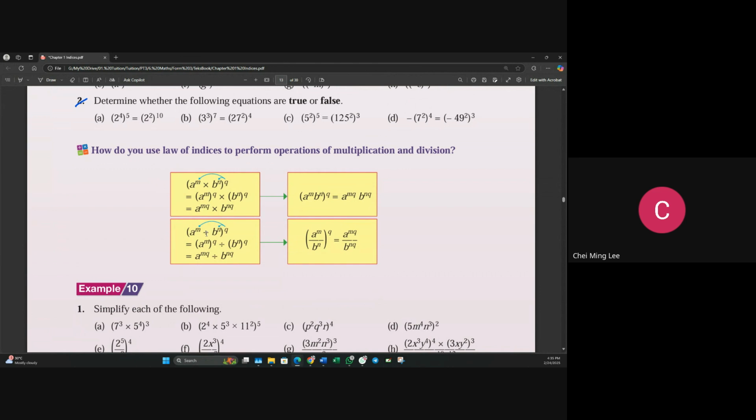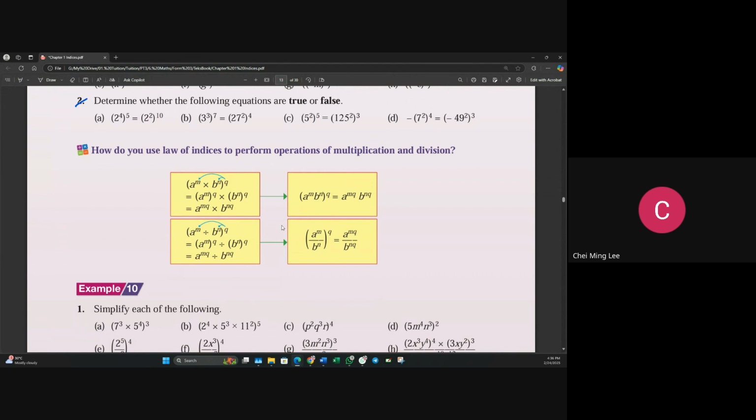Okay. So for division, it is also the same. a to the power of m divided by b to the power of n, and then this whole thing power of q. It's the same thing: a power of mq divided by b to the power of nq. But this is only applicable for multiplication and division, not for plus and minus, cannot.